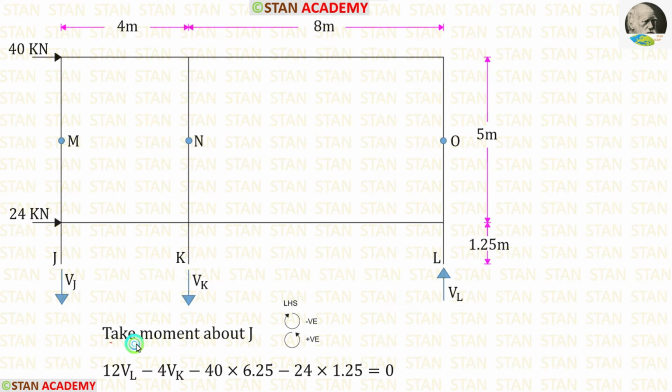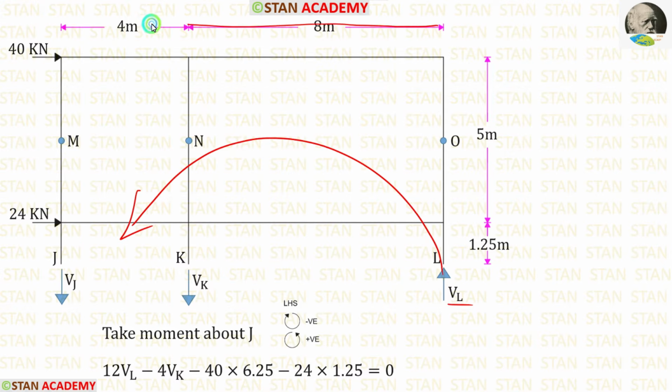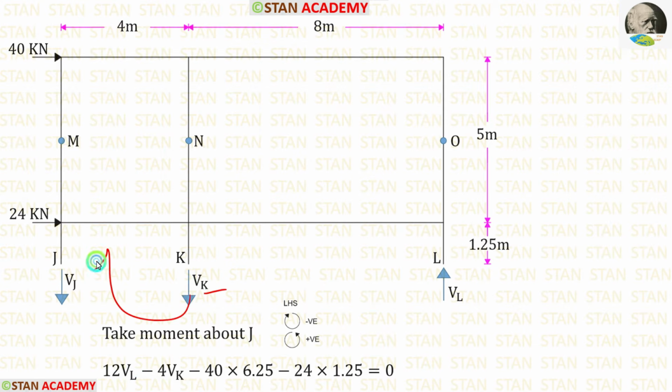Now let us take moment about J. Vl is acting in the anti-clockwise direction, so it will be positive and the distance is 8 plus 4, we will get 12. So 12 Vl. Vk is acting in the clockwise direction, so it will be negative and the distance is 4. So minus 4 Vk.